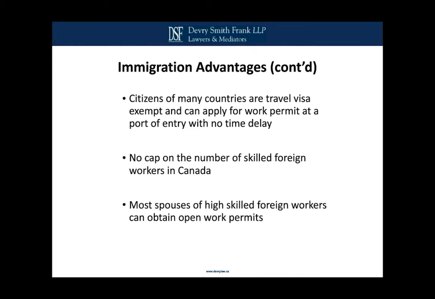Basically, it's instant adjudication. If you don't need a visa to come to Canada, you can apply for your work permit at the border. Canada has no cap on the number of skilled foreign workers, unlike the United States, which does have caps on certain categories, the H-1B being the most famous or notorious one.